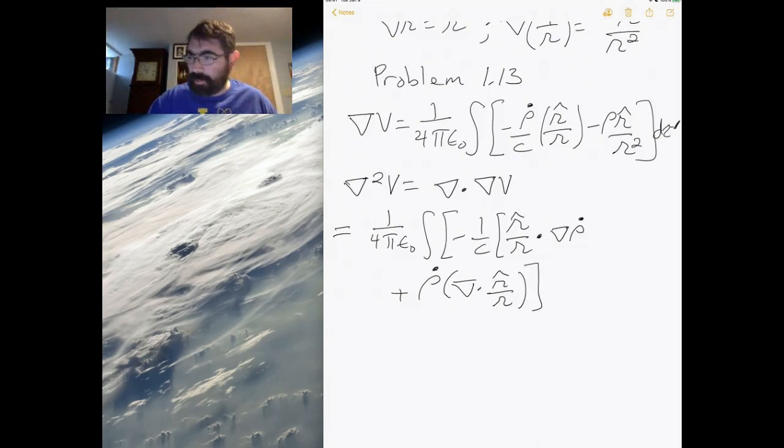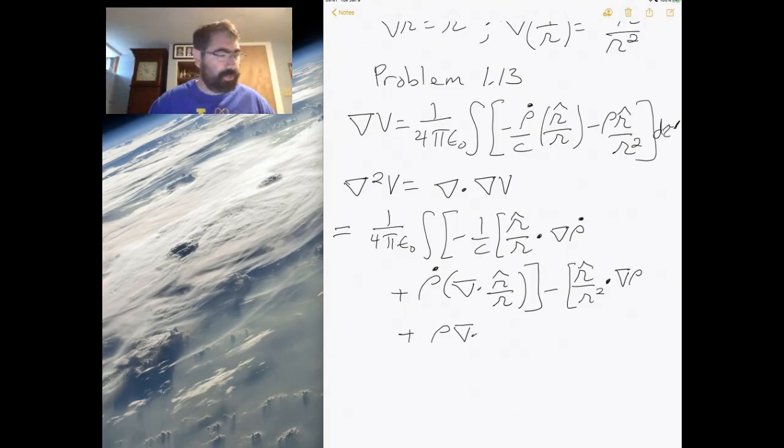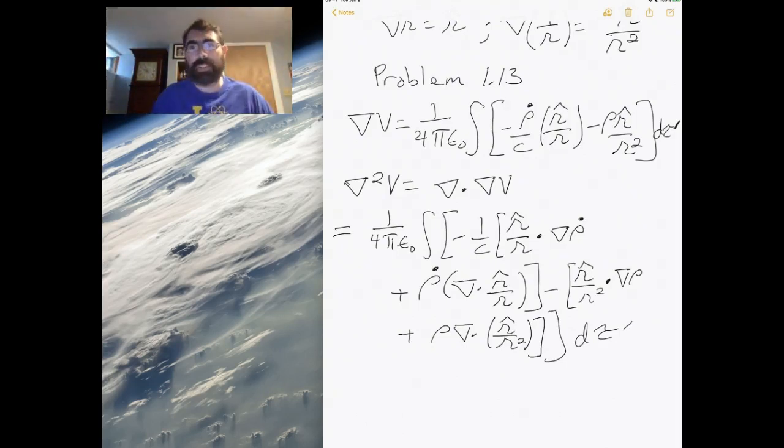That's the first part. And then we have minus r hat over r squared dotted with the gradient of rho, plus rho times the divergence of r hat over r squared, and then you integrate over the volume. Essentially, I've had to take that divergence through these two terms.